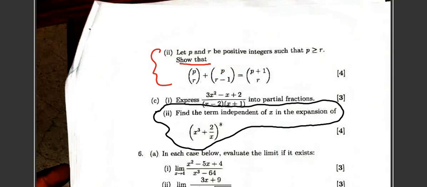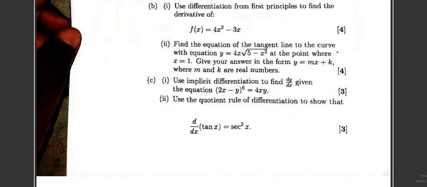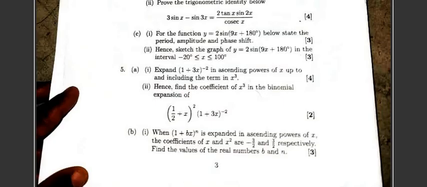Let me give you an example. Like this part here, they're just saying expand 1 plus 3x to the power negative 2 in ascending powers of x up to and including the term in x to the power 3.